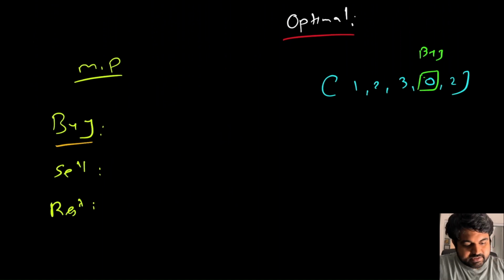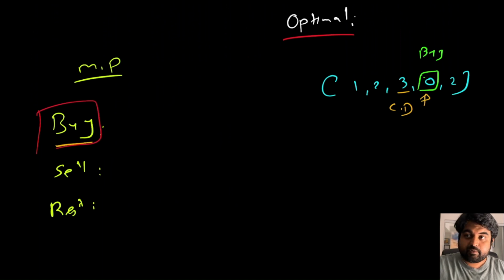Number one consideration is we can only buy a stock after we are coming out of the cooldown, which means on the previous day we must have been in the cooldown state. So in order to check the maximum profit for buy on any particular day, we will have to compare two values.